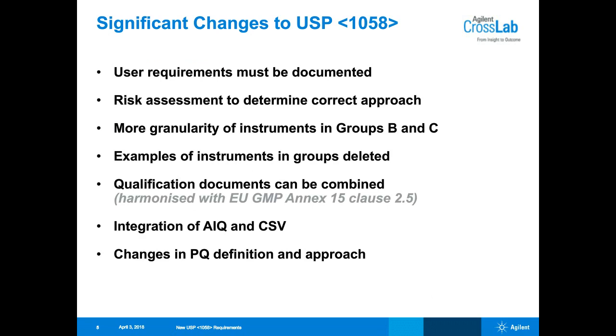There is a new requirement for user requirements to be documented. Now, the old version of 1058 only had a requirement for design qualification. You now have to write user requirements. The next thing is that you have to carry out a risk assessment to determine the correct approach for qualification for all your equipment, and that is based upon the fact that all the examples that were present in the 2008 version have actually been deleted and are no longer present.